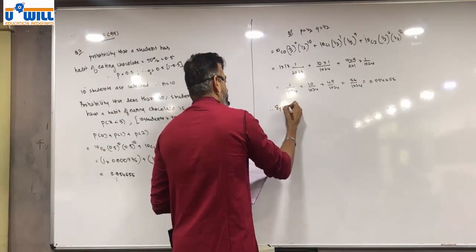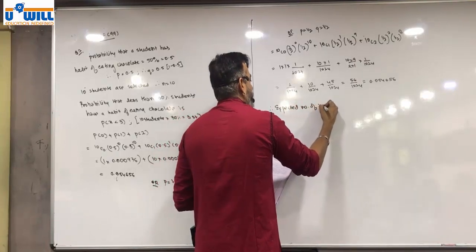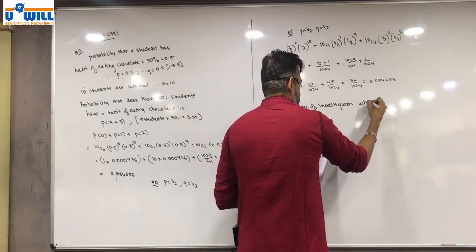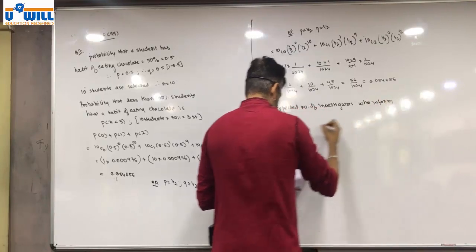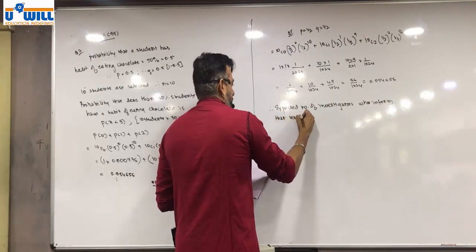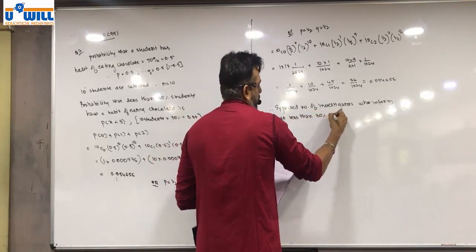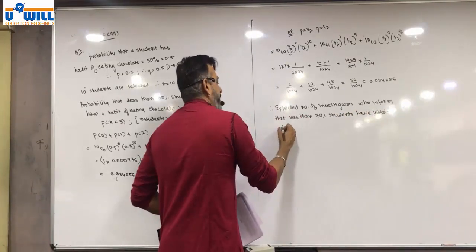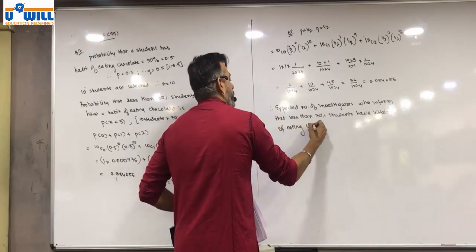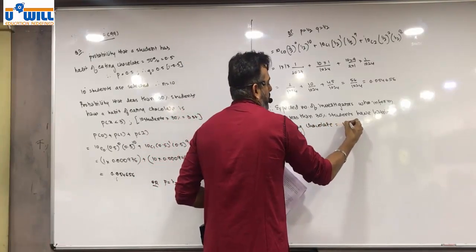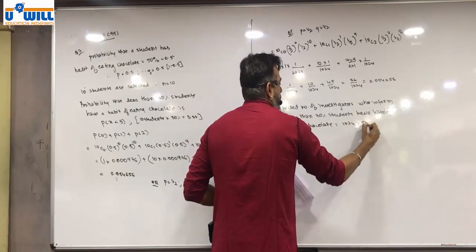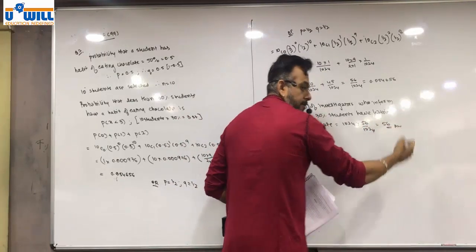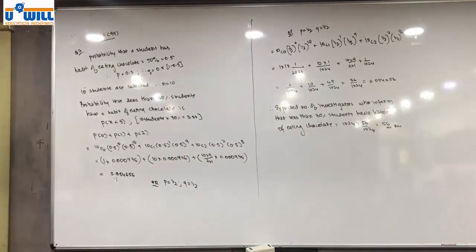Therefore, the expected number of investigators who inform that less than 30% students have the habit of eating chocolate is equal to 1024 into 56 by 1024, which is equal to 56. In fractions, it again becomes difficult.